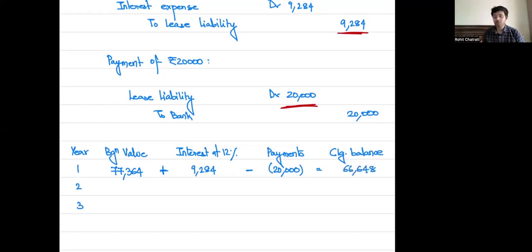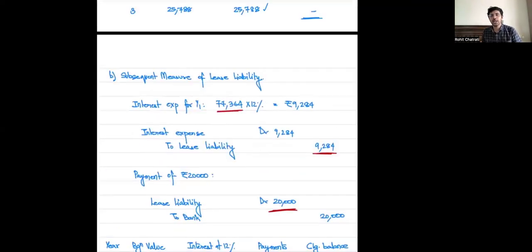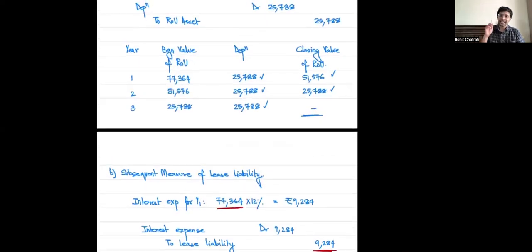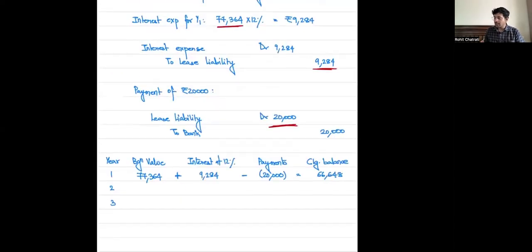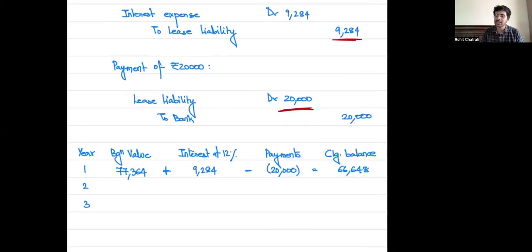66,648. So if you prepare a balance sheet at the end of year one, lease liability is going to be represented as 66,648. On the asset side, you will have a right of use asset of 51,576, and on the liability side, you will have a liability of 66,648.